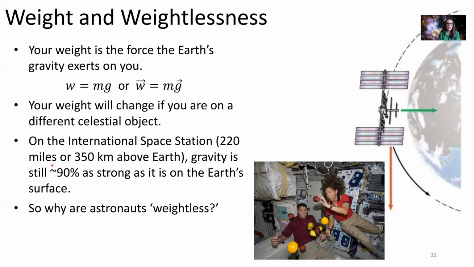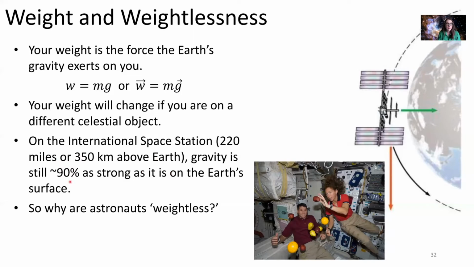It's only 220 miles above our Earth's surface. That's not really that far when we think about how large our universe is. Astronauts that were on the space shuttle, astronauts that are in the International Space Station, are only 220 miles above the surface of the planet. That's really close. And that's 350 kilometers above the Earth.